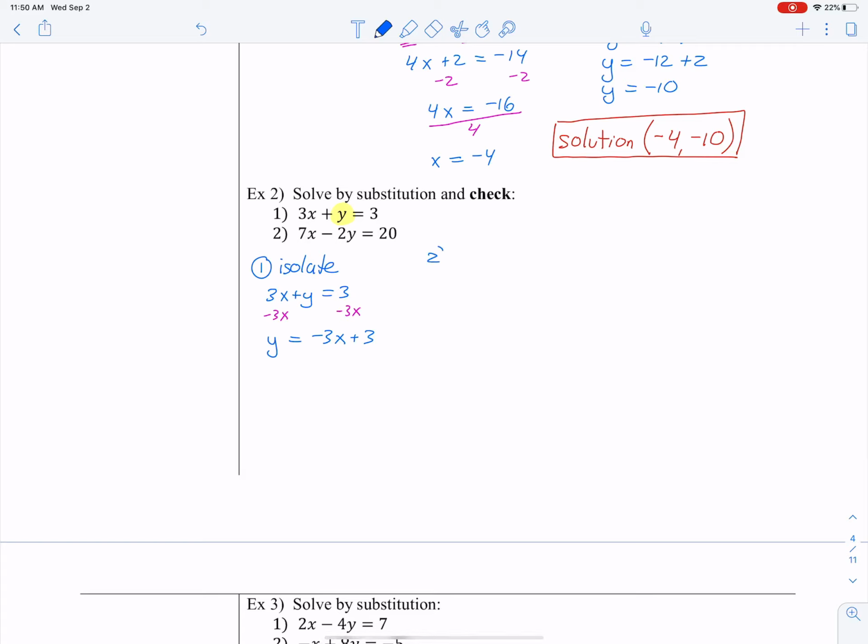Our step 2, so we're going to take the equation that we did not have a highlighting on. 7x minus 2y is equal to 20. And here we have a y by itself, so that means we're going to rewrite our equation up until we get to the y. We're going to open our bracket, and we're going to write out whatever's in our bracket, -3x plus 3.